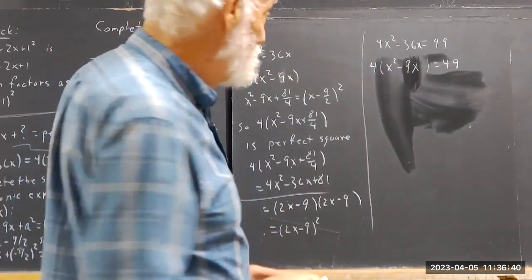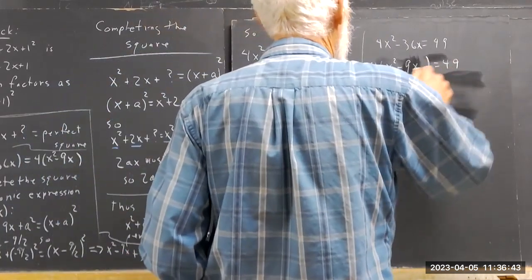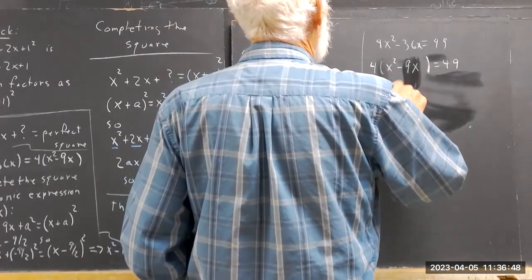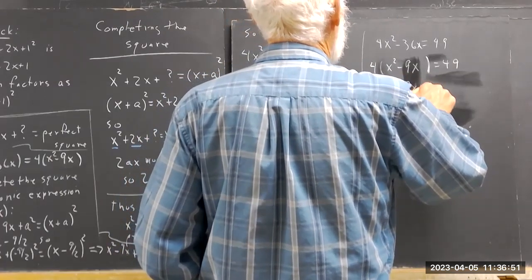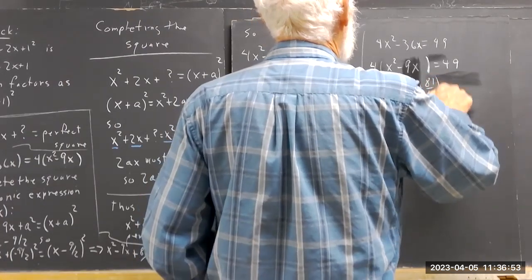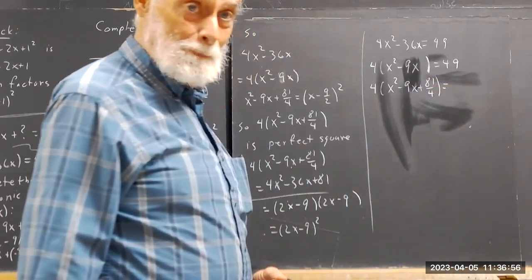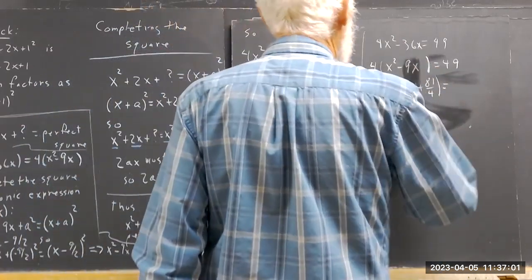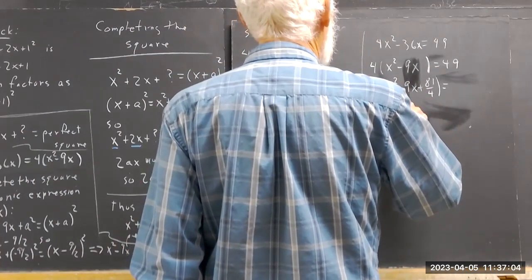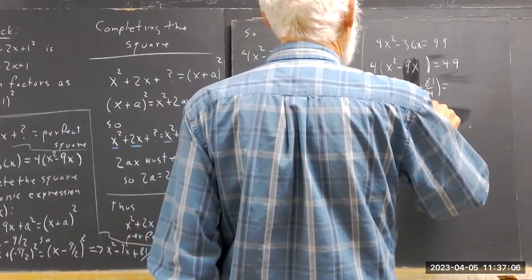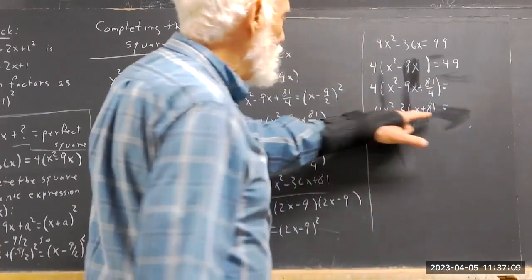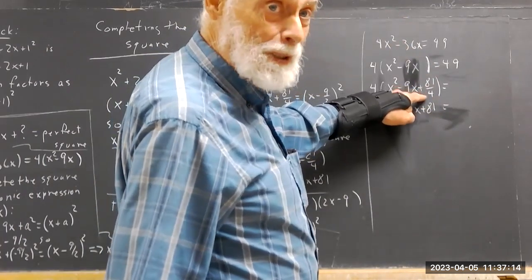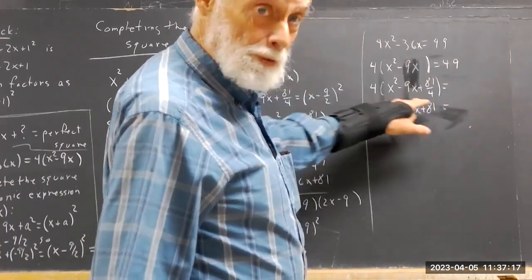So that gives us 4 times x squared minus 9x plus 81 fourths. Now that doesn't equal 49. If I multiply this out, I get 4x squared minus 36x plus 81 on this side. So I've got an 81 here that wasn't here. I've added 81 to this side by adding 81 fourths inside these parentheses.